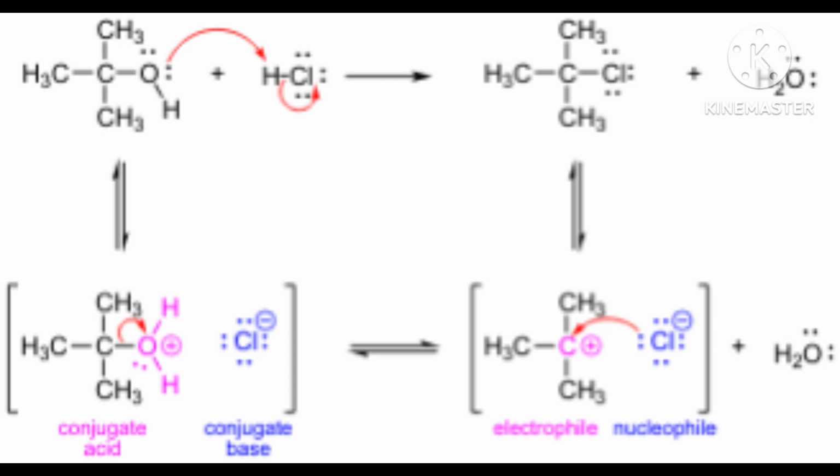Generally, this will happen in sunlight, in the presence of UV light. Both have shared electrons during bond formation, and now both will take one electron. This process is called homolytic cleavage.